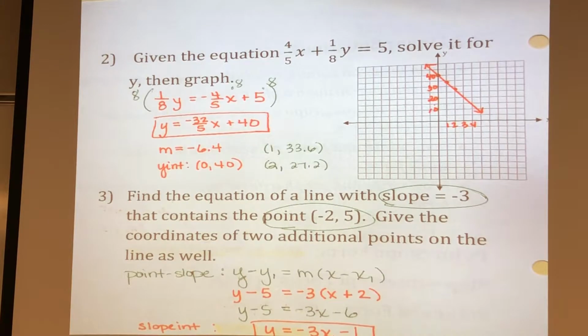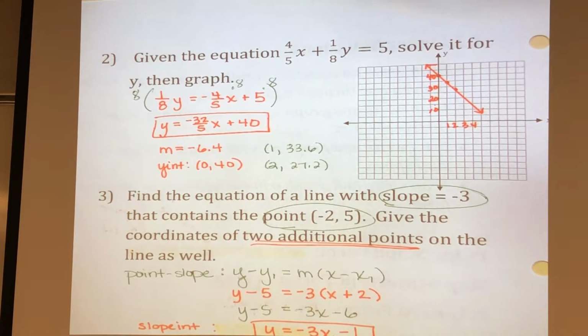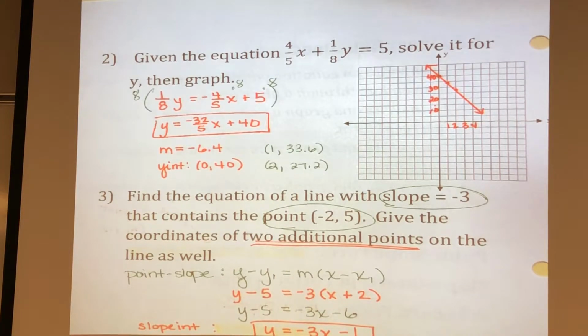All right, so it asks us to find 2 additional points that are on this line. Well, I'd say an easy one to find would be the y-intercept because it's right there. So 0, negative 1 would be 1 point on the line. And then you can pick any additional point to find. 1 is probably pretty easy to substitute in.